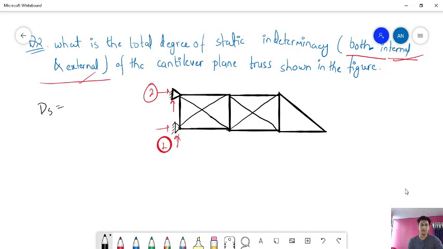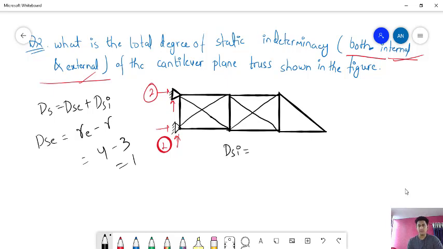The degree of static indeterminacy formula is DS external plus DSI internal. For DSE, the formula is the number of external unknown reactions minus the equilibrium equations, that is 4 minus 3 equals 1. Now for internal, the formula is the number of members, which are the unknown forces, minus the number of equilibrium equations, 2j minus 3.